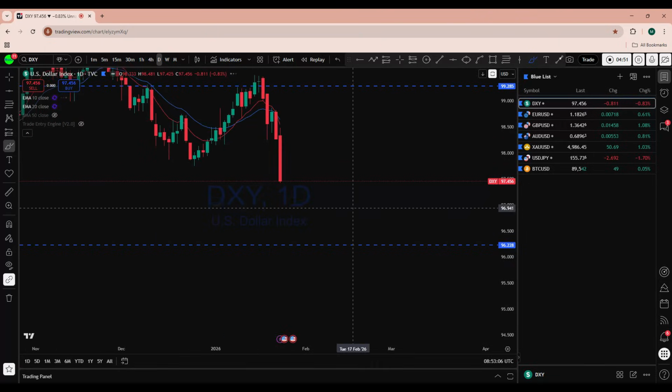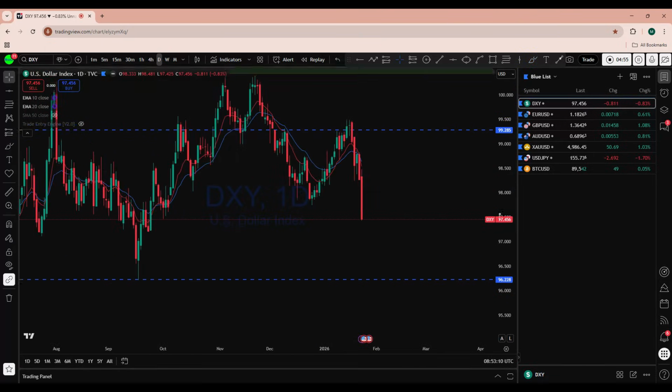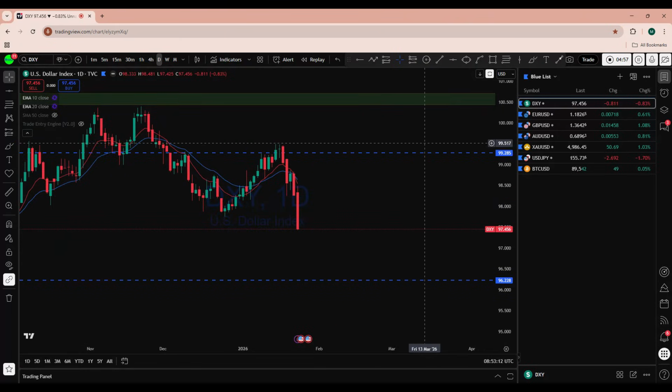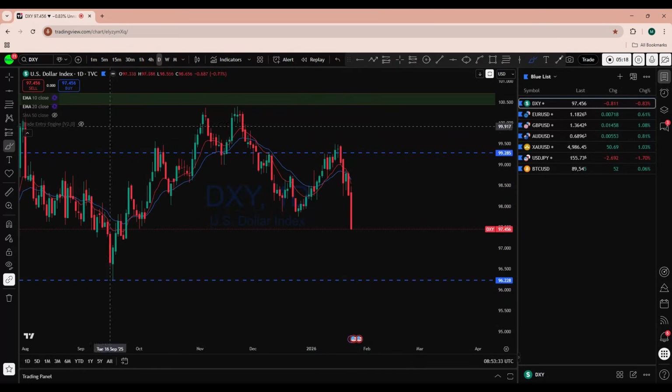Now, looking at the daily chart to see how the market structure is forming, we can see that from the monthly, weekly and daily, it is significantly bearish. There is a head and shoulders formation with this narrow green candle, which was a narrow pullback of this broken structure, and the market is now maintaining its downtrend on DXY.